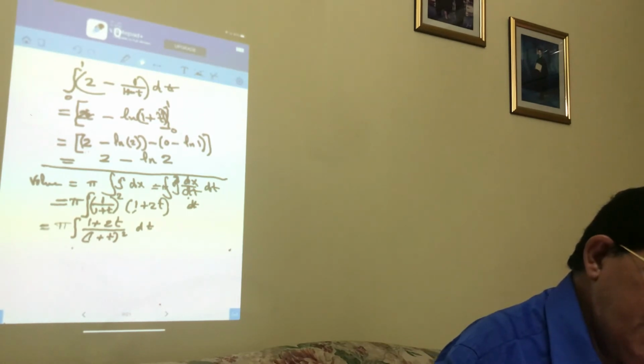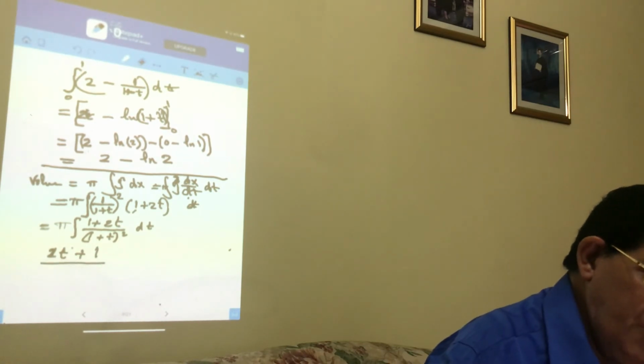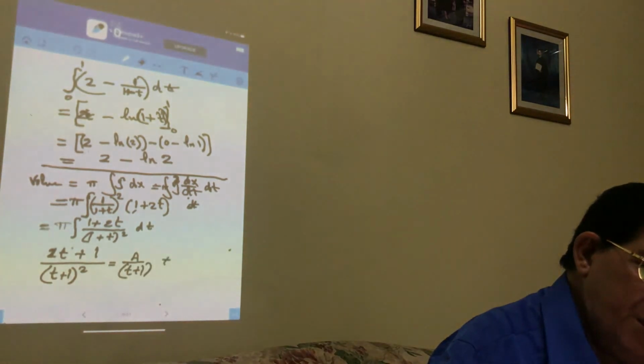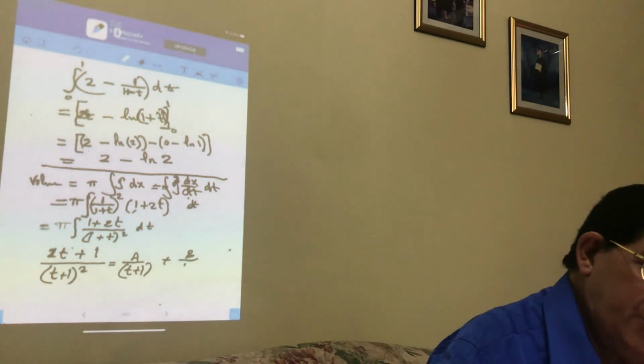Therefore, we need to write 2t plus 1 over t plus 1 squared equal a over t plus 1 plus b over t plus 1 squared.